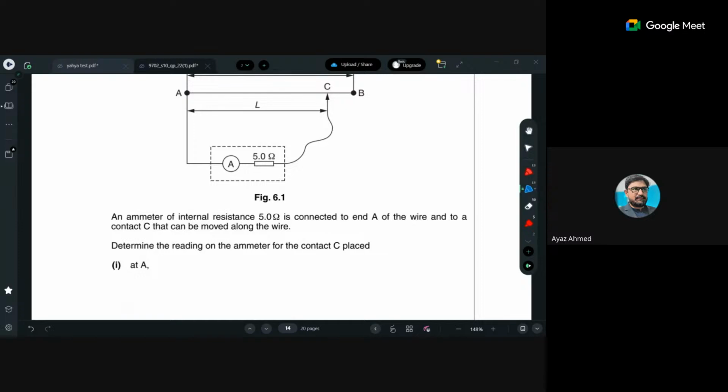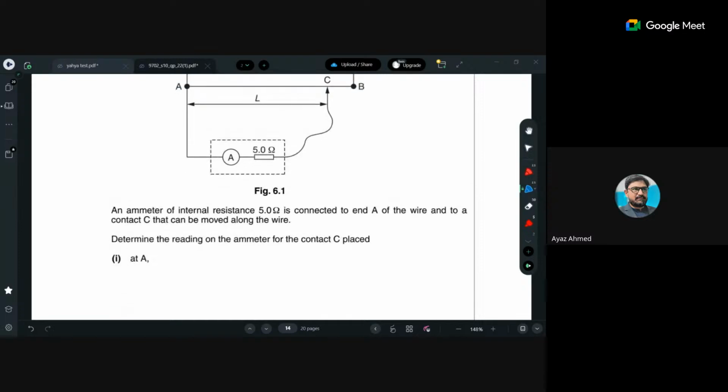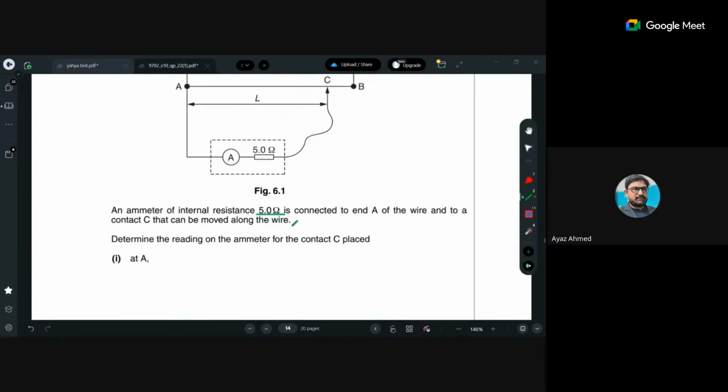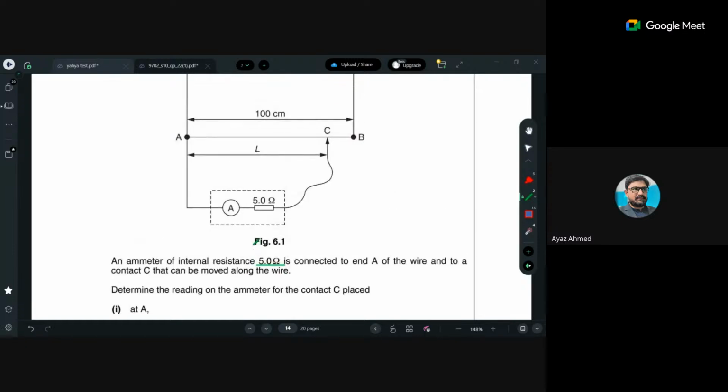An ammeter of internal resistance 5.0 ohm is connected to the end A of the wire and to a contact C that can be moved. Determine the reading on the ammeter for the contact C placed at A. So when you have placed the contact at A, what would be the ammeter reading? We have to consider that.